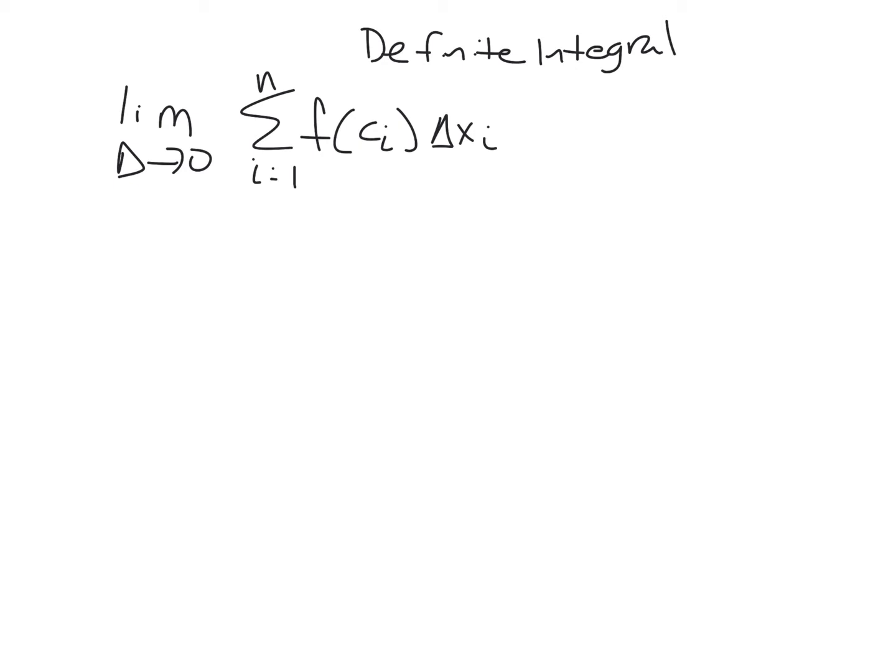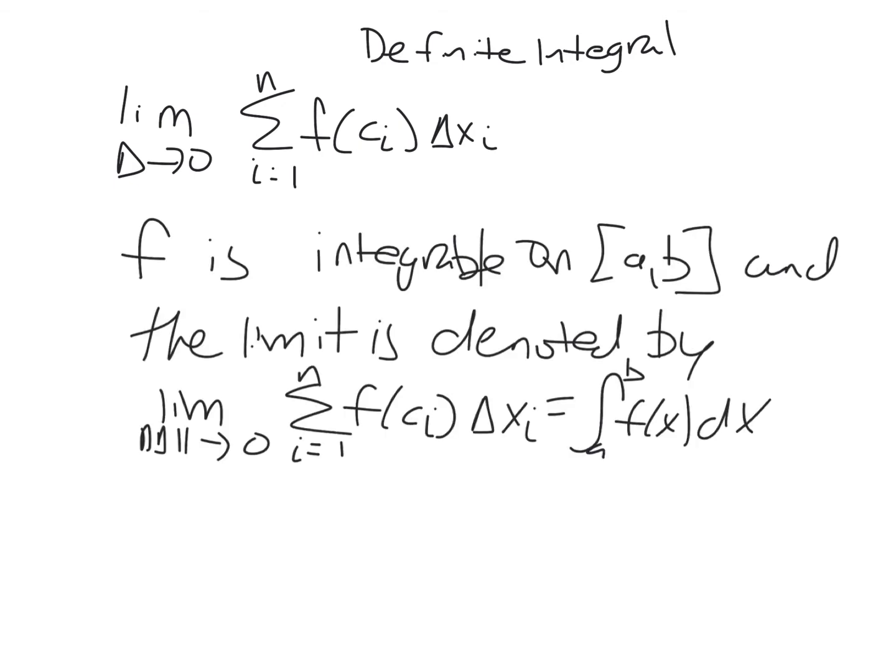If this limit right here exists for a closed interval a to b, so we still have that same closed interval a to b, and the limit of Riemann sums over this partition exists, then we can say that the function f is integrable on the interval a to b, and the limit is denoted by the limit as the norm of the partition approaches 0 of the summation of i equal to 1 to n of f of c sub i with the change of x sub i.